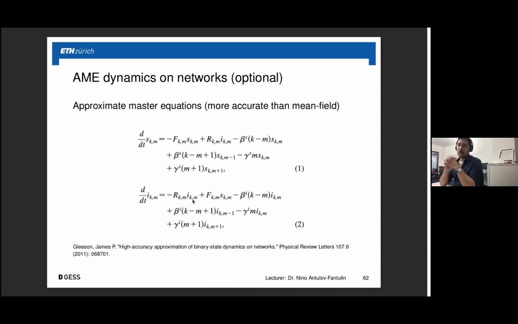Here Gleeson introduced a framework where he is working with different types of motifs. So, for example, also for the binary state dynamics.